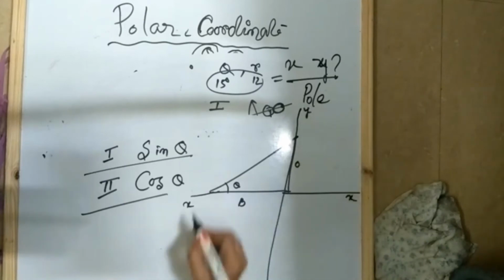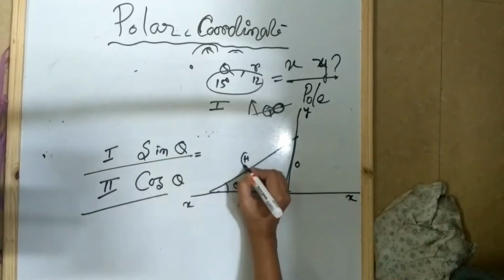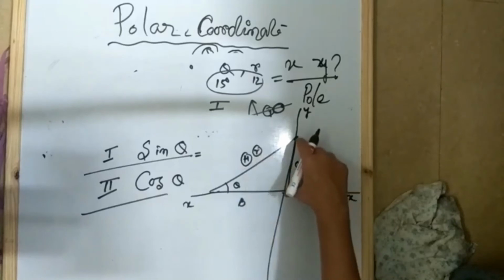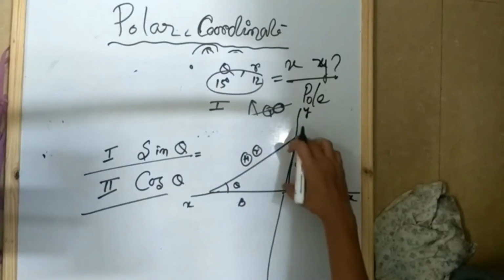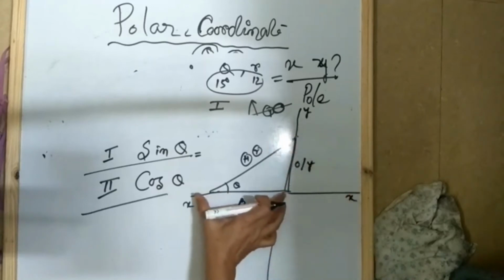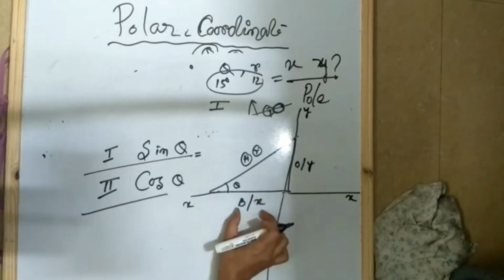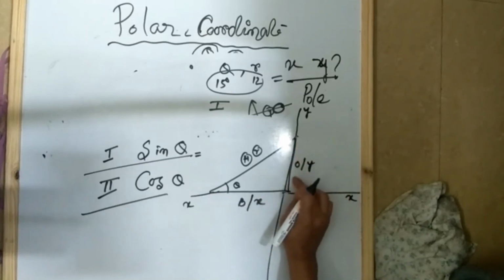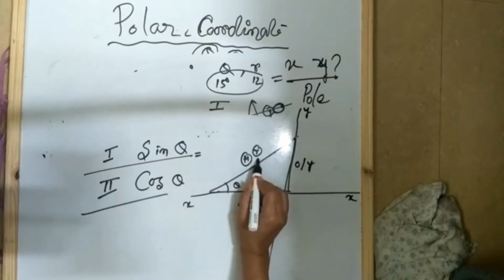This is the hypotenuse, or r. We can write y instead of opposite because this is the y-axis, and x instead of base because the base line is x. Instead of hypotenuse we can write r.